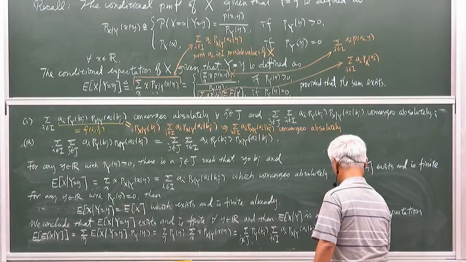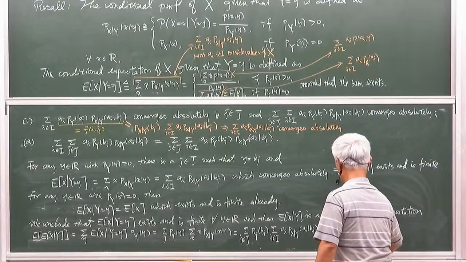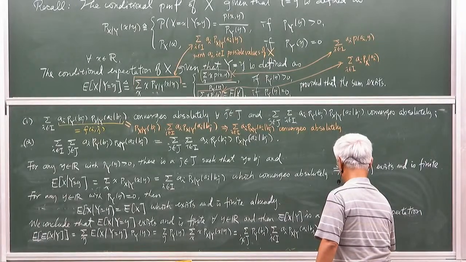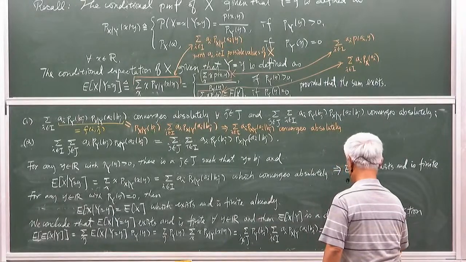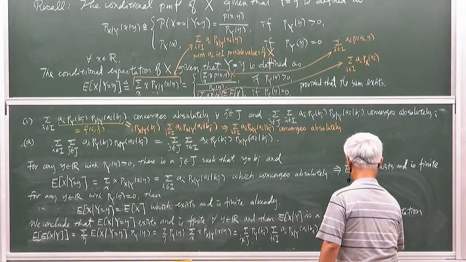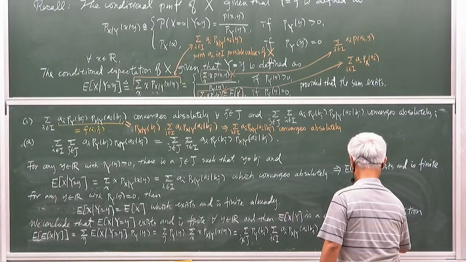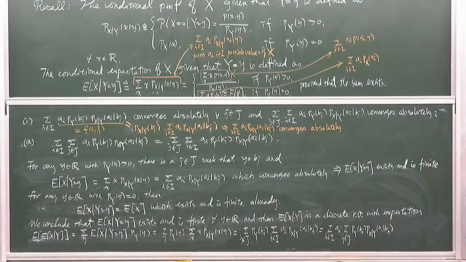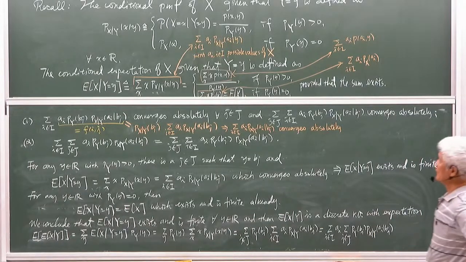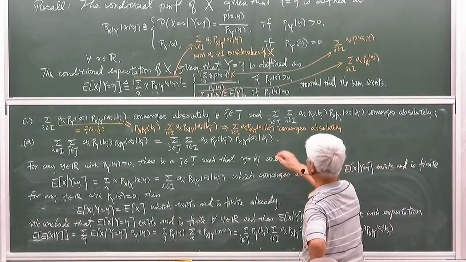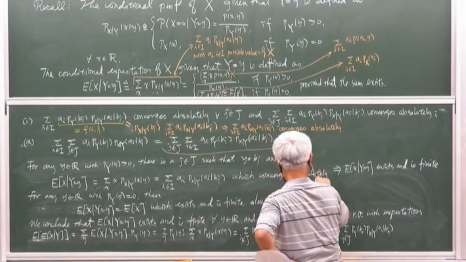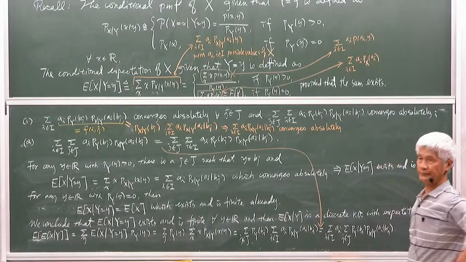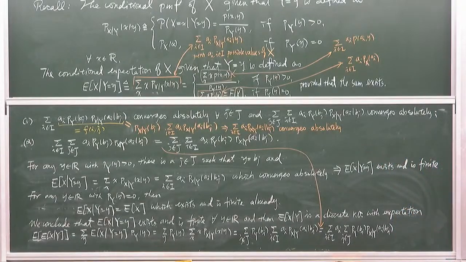We can sum over j first, and this is a_i here, and this here.